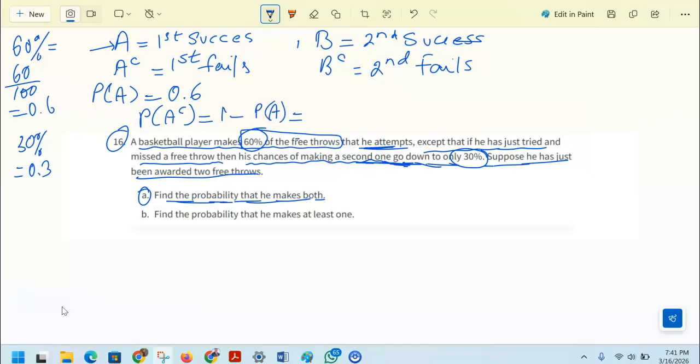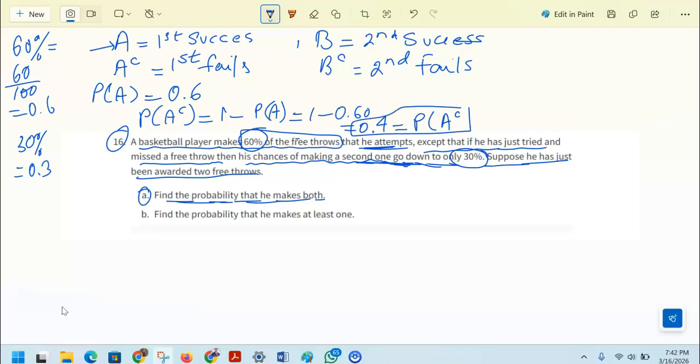That means it is 1 minus 0.60, which is 0.4. So this is the probability that he fails the first one. A complement means he fails the first time.